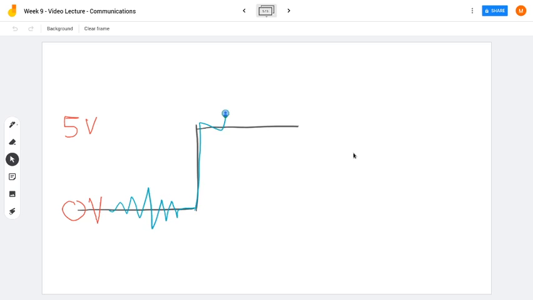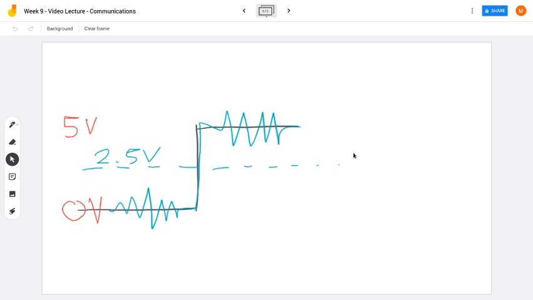As we have discussed before, we will have some sort of a threshold, usually in the middle between the two voltage levels, usually at 2.5 in this case. If the signal is below 2.5, we will assume it's 0. If it's above 2.5, we will assume it's a 1 or 5 volts. So in this case, what would be the maximum amount of noise a binary signal can withstand?